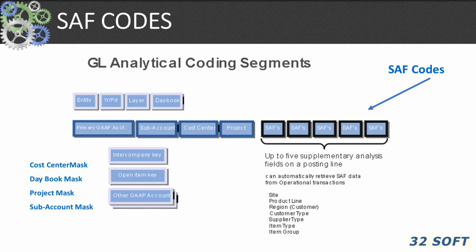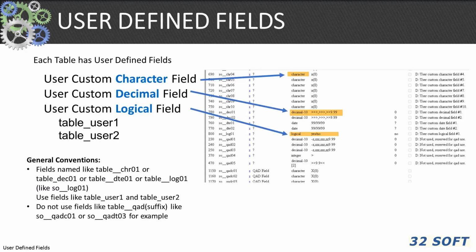Your accounts, sub-accounts, cost centers, and project code combinations can be validated against a GL mask. GL masks validate account element combinations when transactions are posted, thereby preventing any errors. There are a number of schema elements in each table that allow users to self-define fields.